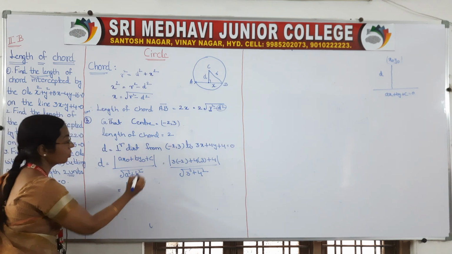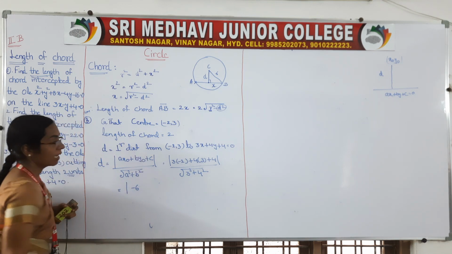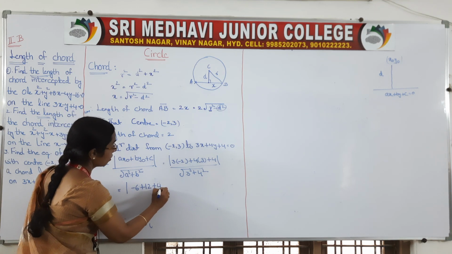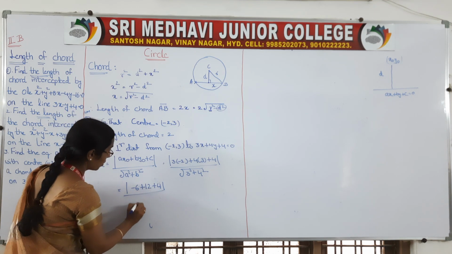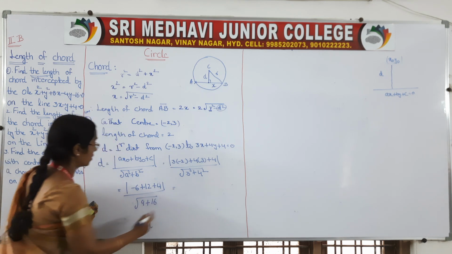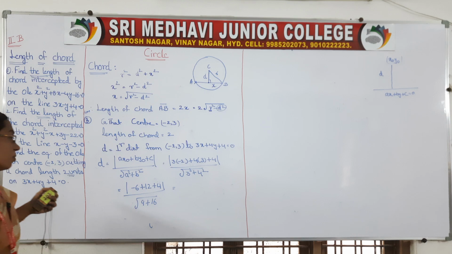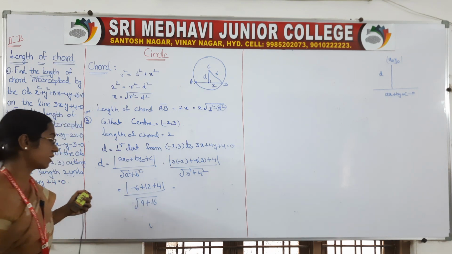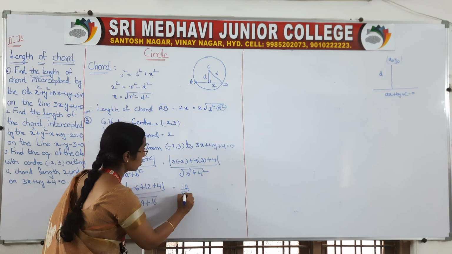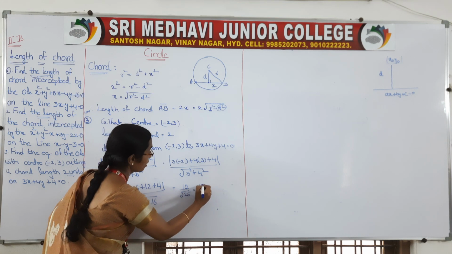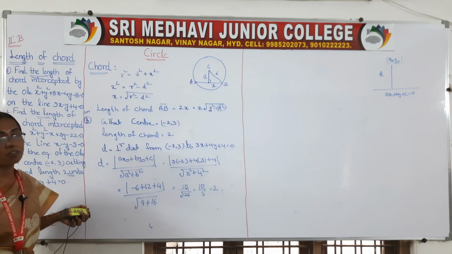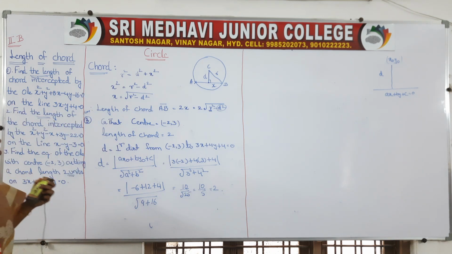That is minus 6 plus 12 plus 4, by root of 9 plus 16. So 12 plus 4 is 16, 16 minus 6 is 10, by root 25. Root 25 is 5, and 5 twos are 10. You got your d is equal to 2.